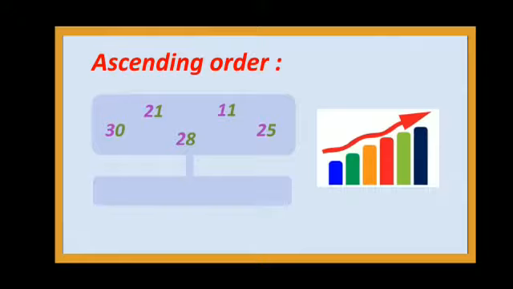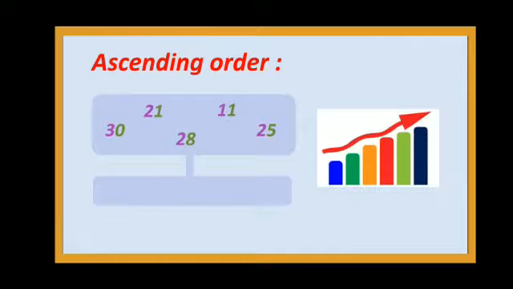Ascending order means the numbers are arranged in increasing order. A number moves towards forward counting. As you can see, some random numbers are given. Let's arrange them in ascending order, moving from the smaller number to the bigger number.